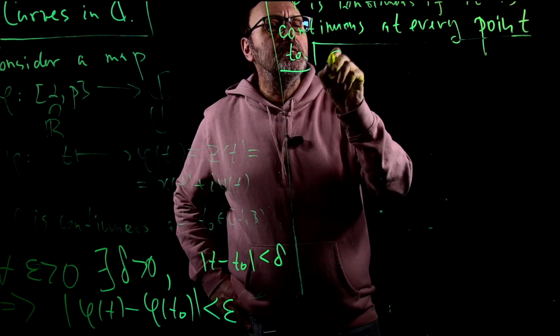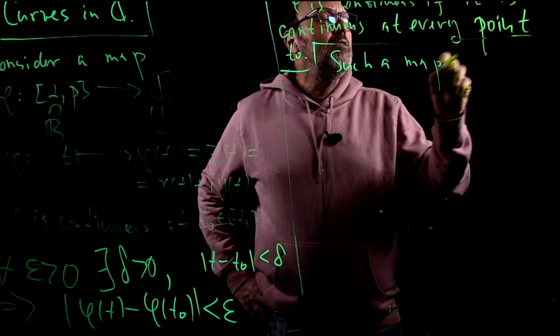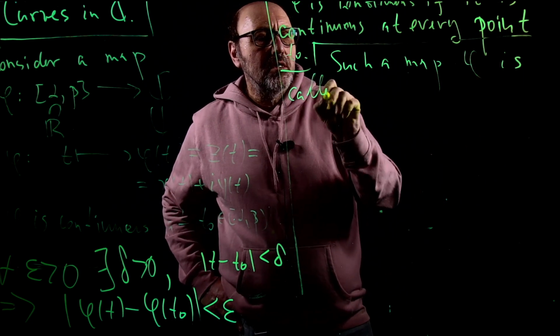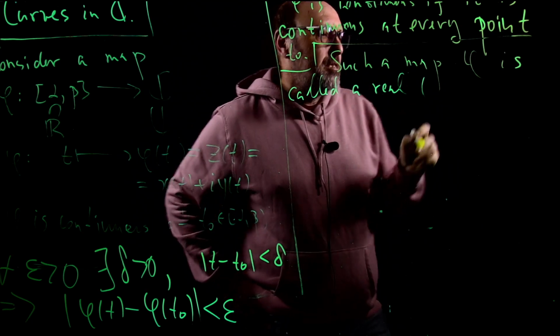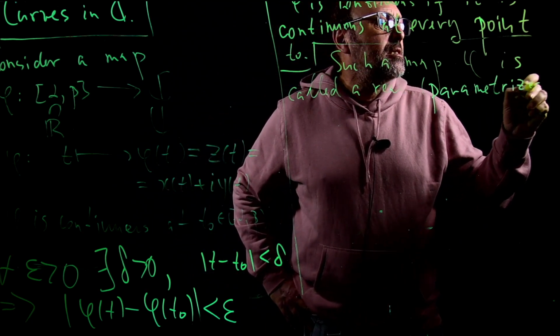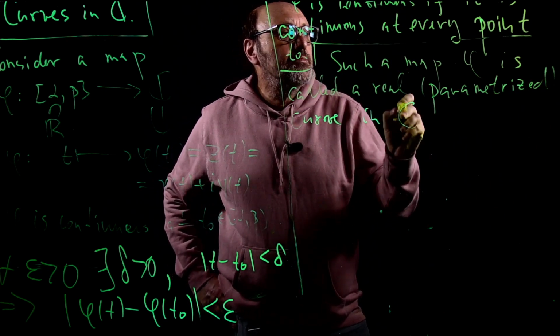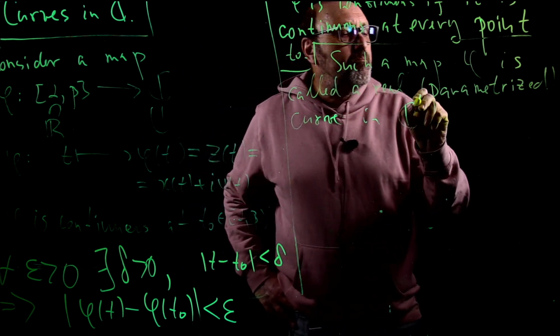So such a map phi is called a real parametrized curve in C. So I would like to stress the meaning of the word parametrized.